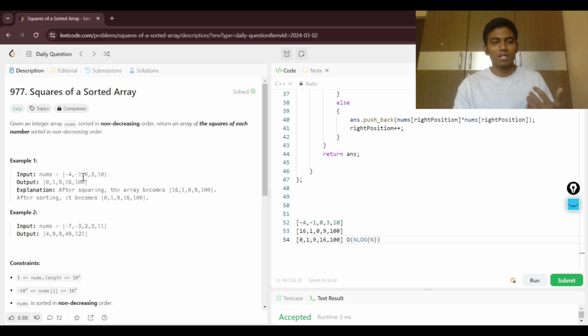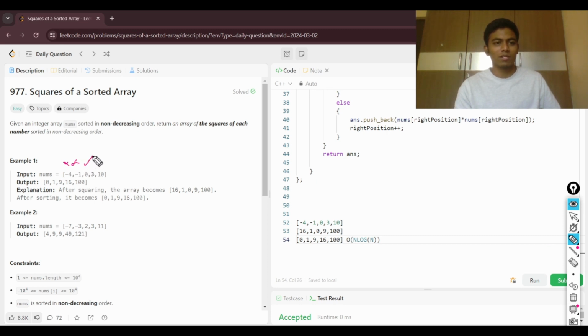So from this particular array, we need to find the 0th position or the first non-negative number's position, and then we'll traverse like this and then like this. Suppose let's take this particular example. We'll traverse and check whether it is greater than or equal to 0. No, it's not, so we'll move to the next one, and it is also not.